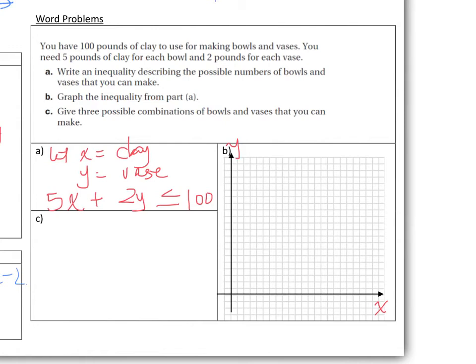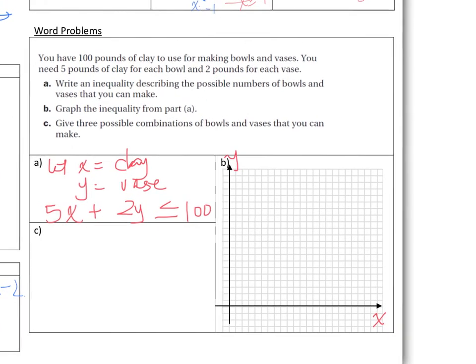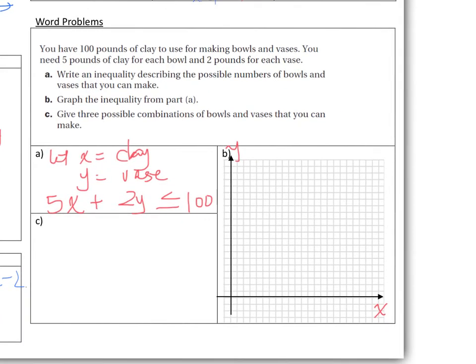And part B asks you to graph the inequality from part A. And I'm going to change this inequality into an equation to graph the line. So 2y equals -5x plus 100.